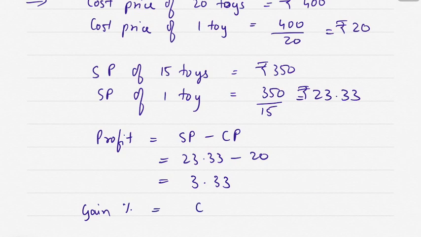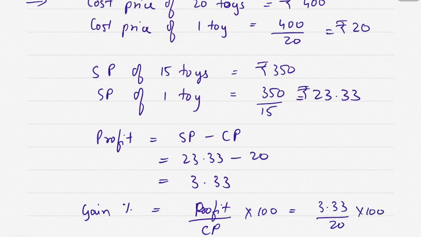Okay, you want gain percent, so gain percentage is equal to profit divided by cost price into 100, which is 3.33 upon 20 into 100.